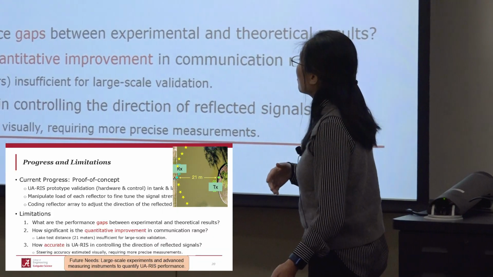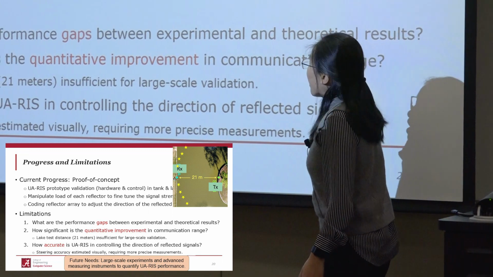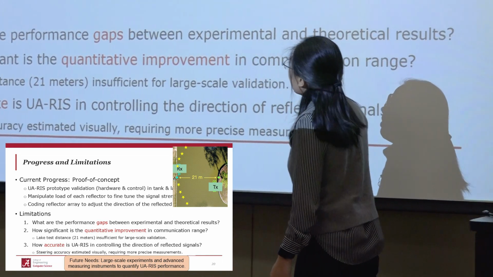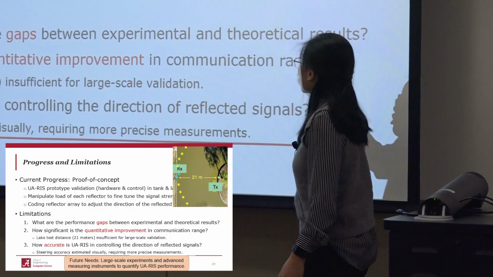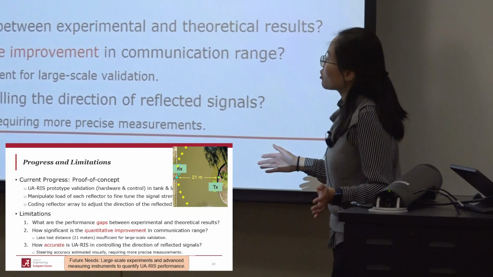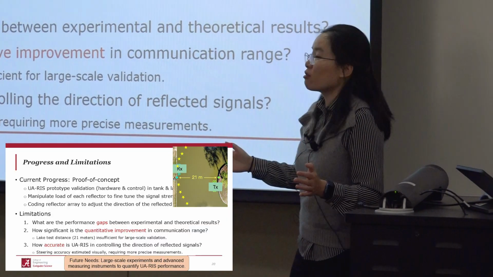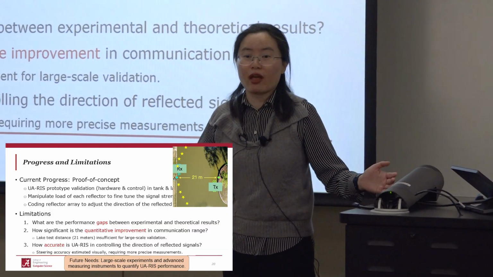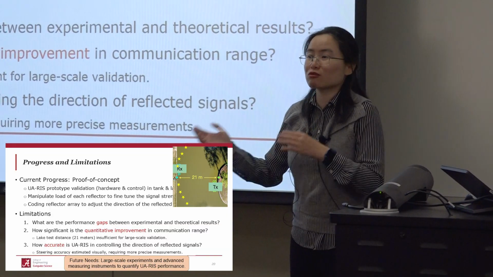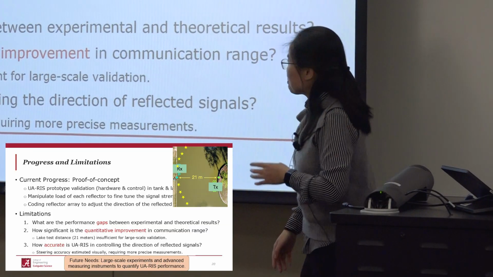How well our experiment can do, we don't know yet. And also, how significant is the quantitative improvement in the communication range? Our current experiment is only 21 meters, which is not sufficient for larger-scale validation of the communication range, because 21 meters is so close that we don't need RIS for communication range enhancement.